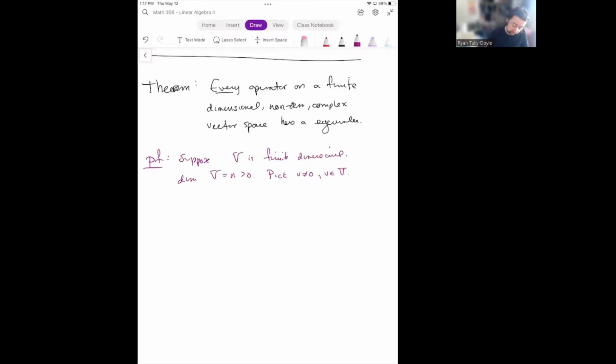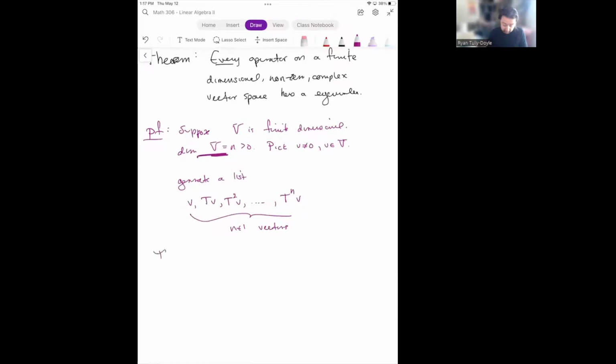And we do it like this. We generate the list V, and then apply T to V, and then apply T to that vector, and you keep on going all the way down until you've applied T n times. So the idea is this has n plus 1 vectors. But n plus 1 vectors in an n-dimensional Hilbert space must be linearly dependent. So this list is linearly dependent.